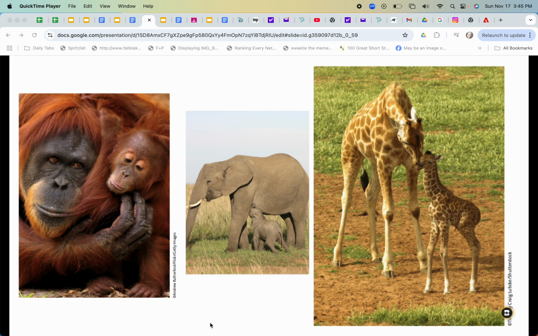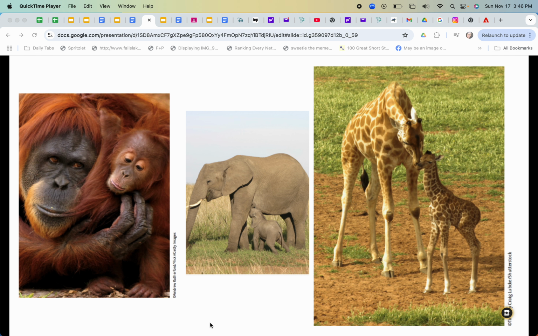Anyway, all right. What you see up here are the 3 photographs that we looked at last week. And if you remember, I asked you to think about, hey, what's the central idea of these 3 photos? And you said, well, initially, you jumped right in and you went with your knee-jerk reaction, and it was, oh, it's babies, or oh, it's animals, or oh, it's zoo animals.